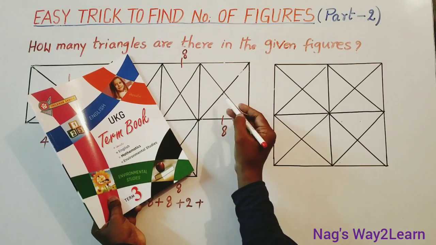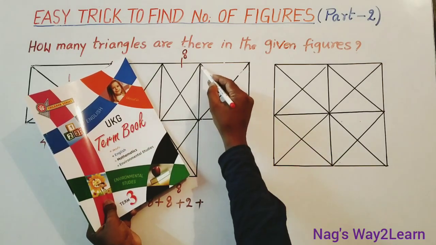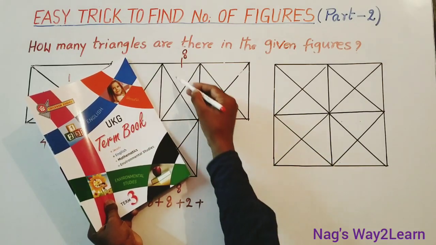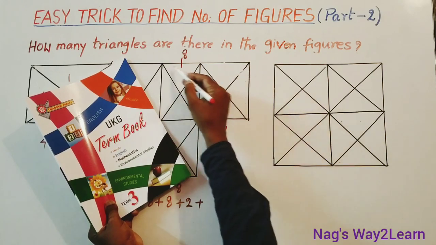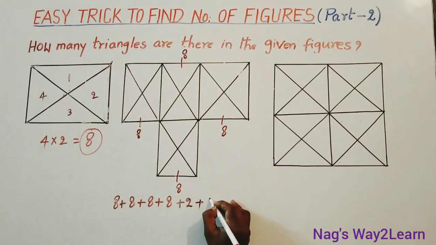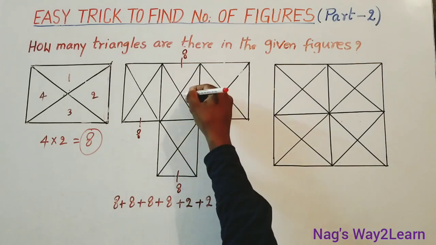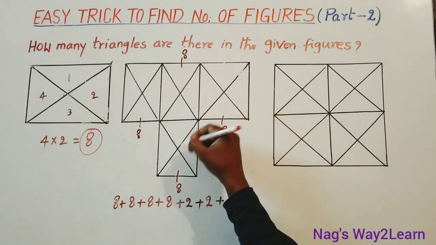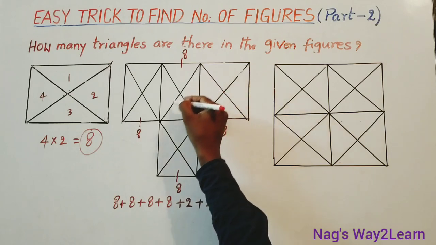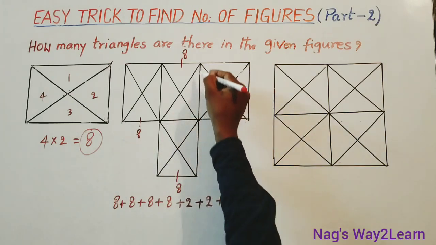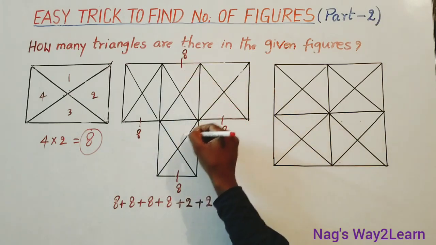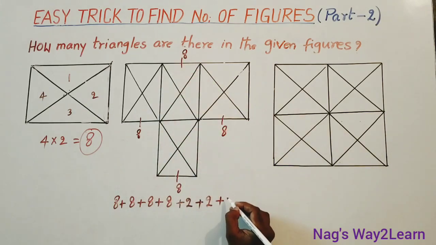If you observe these two parts, you can find this is one triangle and this is another triangle. So you can find 2 triangles. Plus now you take these two parts. In these two parts combining, you can find this is one triangle and this is one triangle. So totally 2 triangles are there.